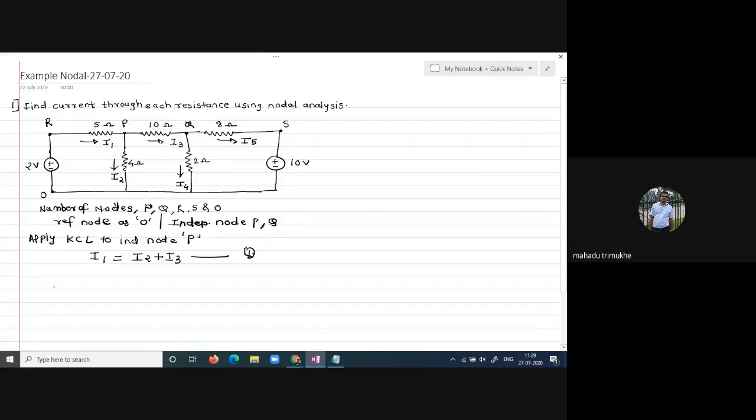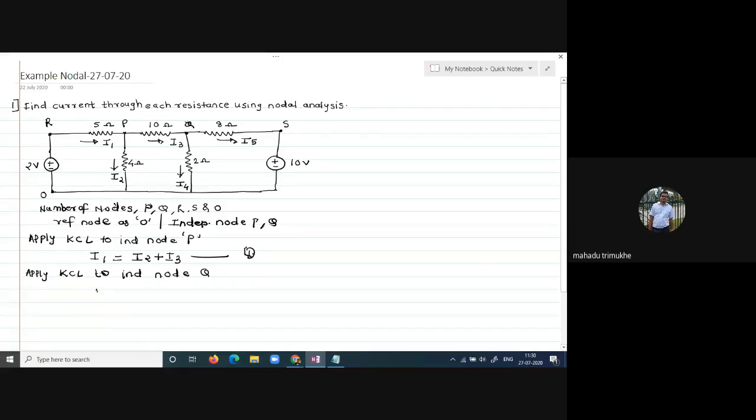So now we apply KCL to independent node Q. What is KCL at node Q?